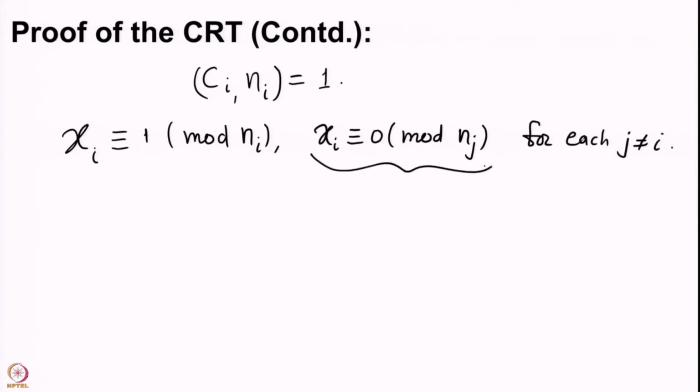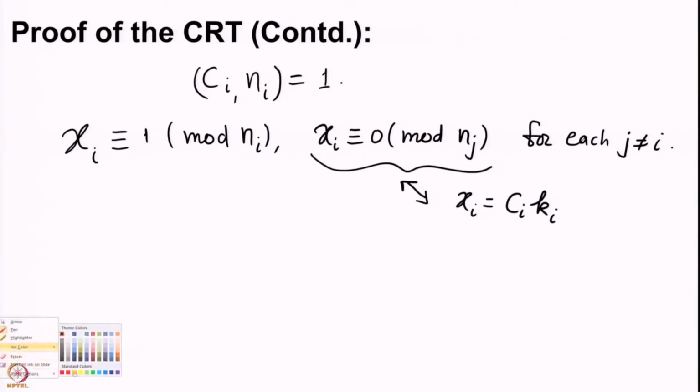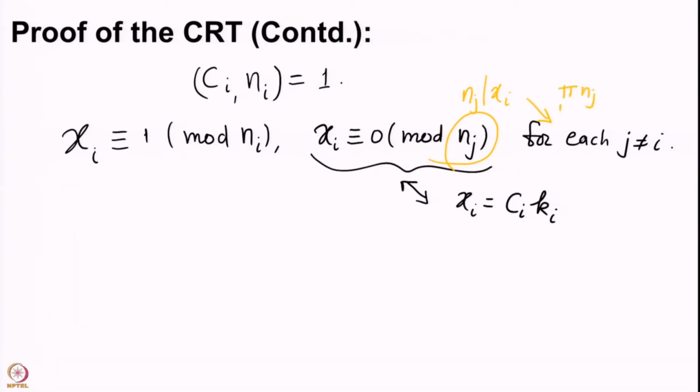So, this condition tells us that xi is a multiple of Ci, because each nj, wherever j is not equal to i, would divide xi, and therefore the product of nj where j is not equal to i divides xi, but this is simply Ci by our definition of Ci.